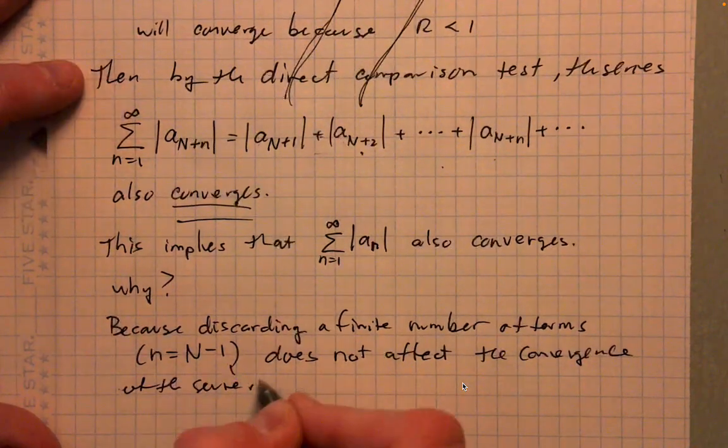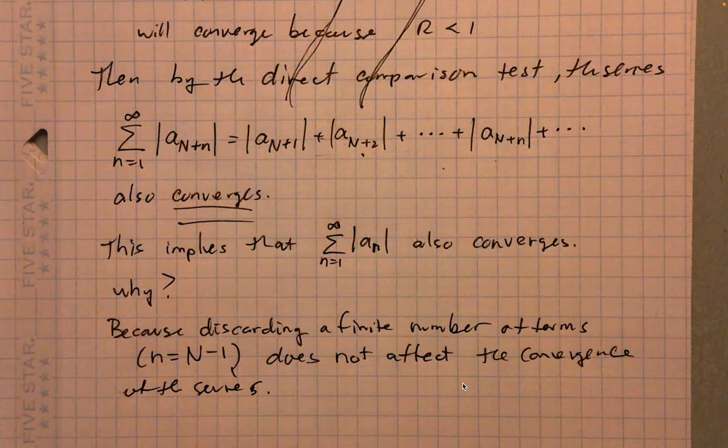I've said this before, but let's mention it again here. It doesn't matter what the first 50 terms of the series are, or what the first 1,000 terms are. It only matters what comes between 1001 and infinity. You have to take into account that we're really talking about infinity here. We're talking about an infinite series, you just keep adding and adding to it. The first 50 terms are definitely finite.